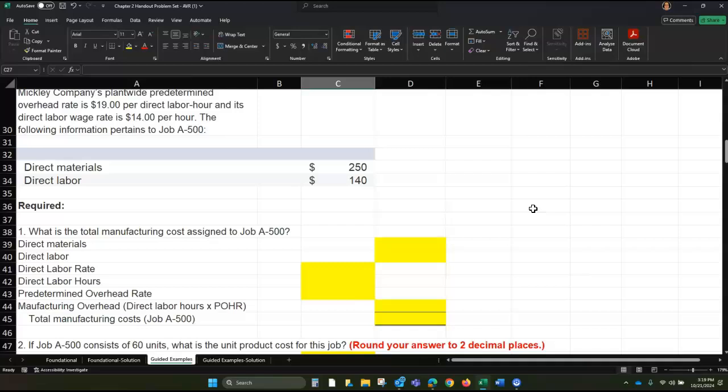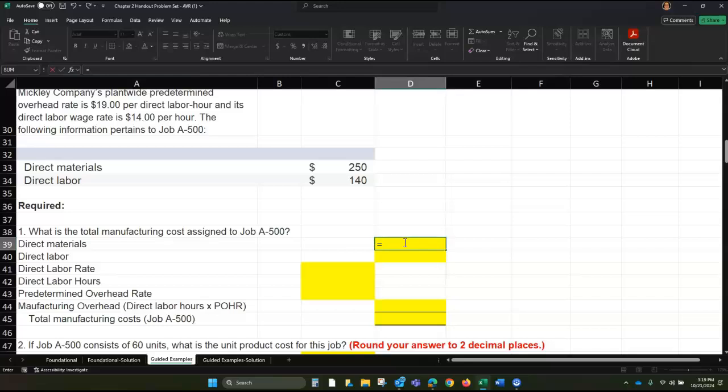So total manufacturing cost is direct materials, direct labor, and applied overhead. Direct materials was how much? The 250, so we can hit the equal sign and grab that number. Direct labor was the 140.